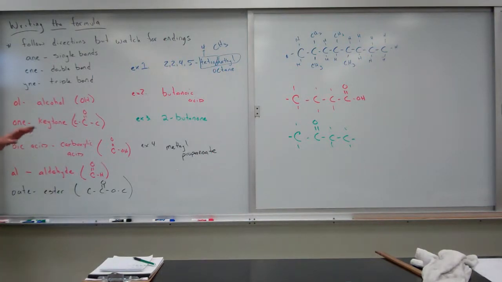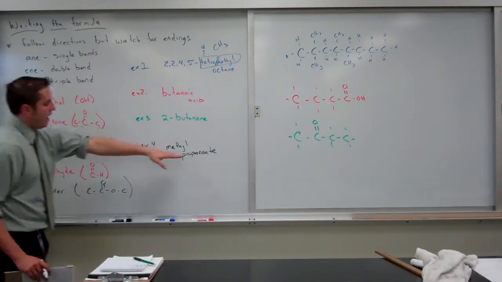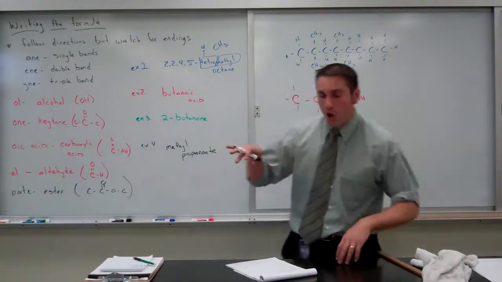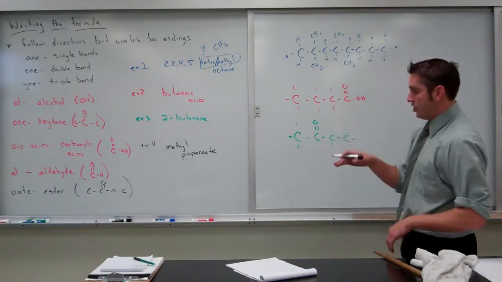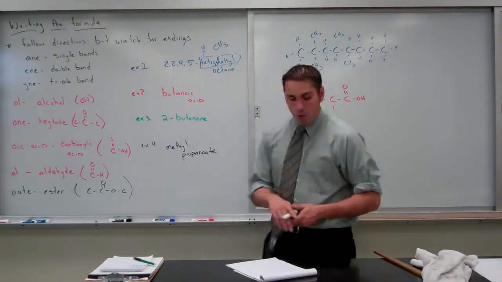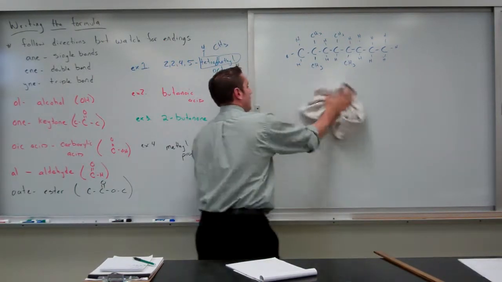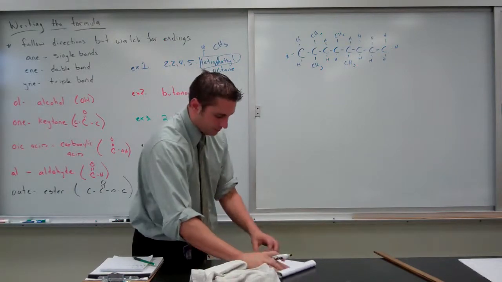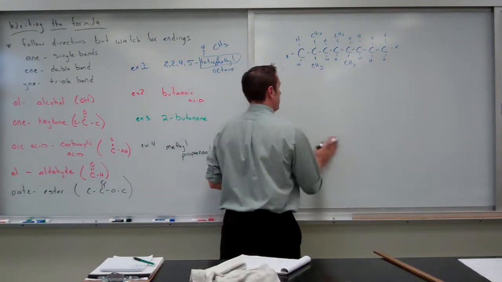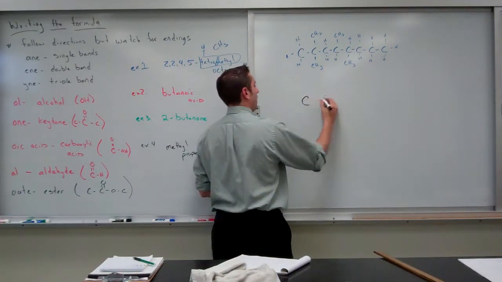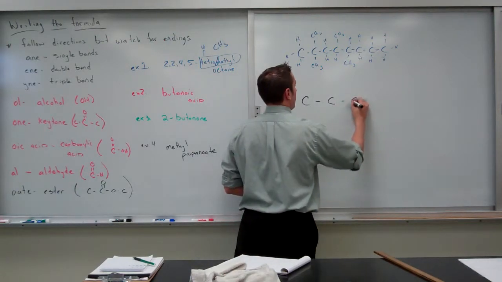So propanoate means that I am going to have a double bonded O with an O off of the carbon in the chain. How long is the chain? Well, prop- means that there are 3 of them. So let's clear some space. We'll go 1, 2, 3.